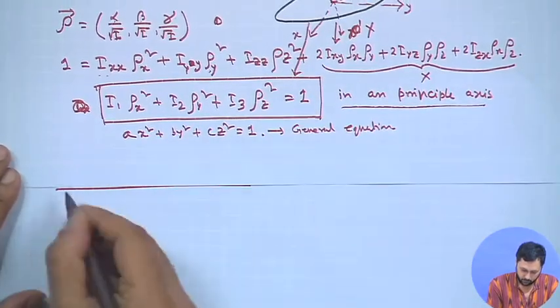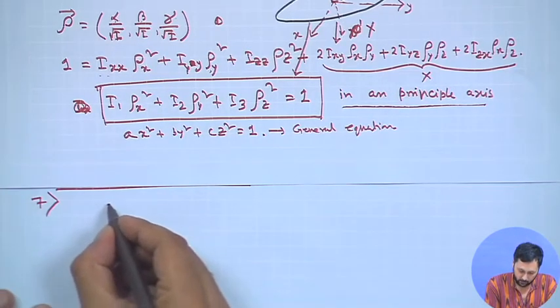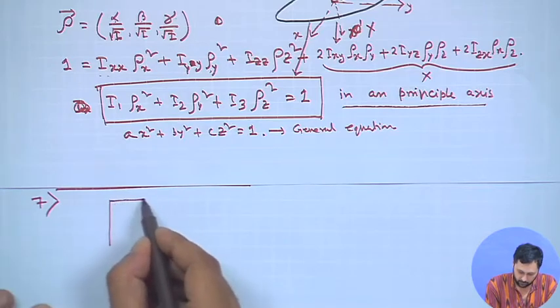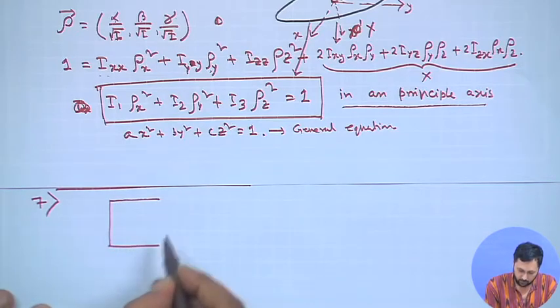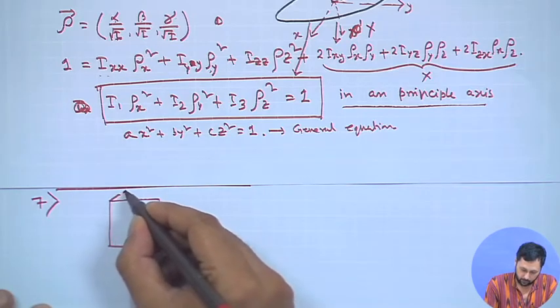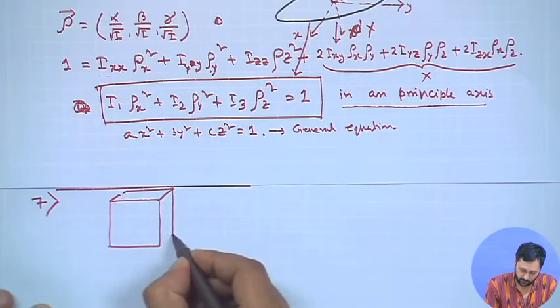Now, we are doing problem number 7. We have a homogeneous cube, let us say this one, and of course it is a 3D object, so it has depth.